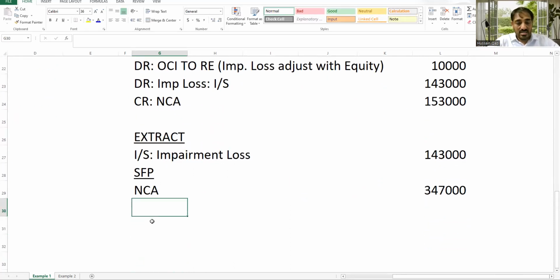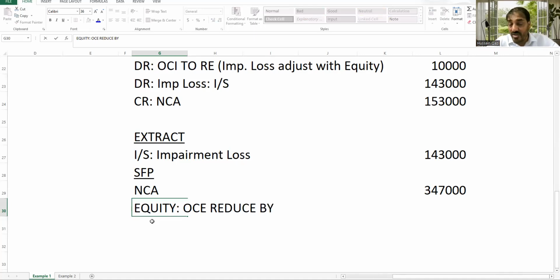But there is the movement in equity: OCE, or the revaluation reserve, is reduced by 10,000.